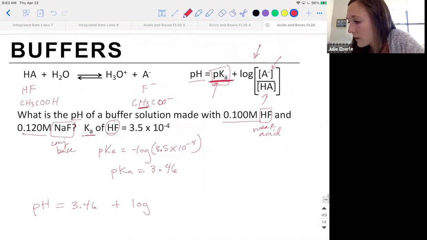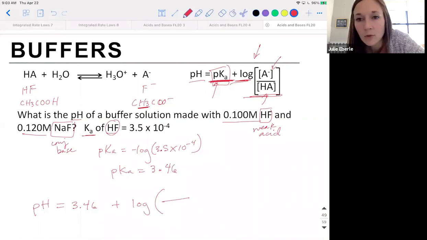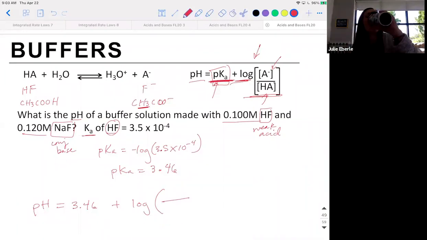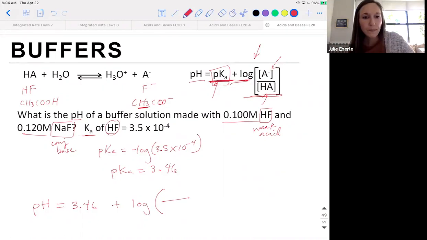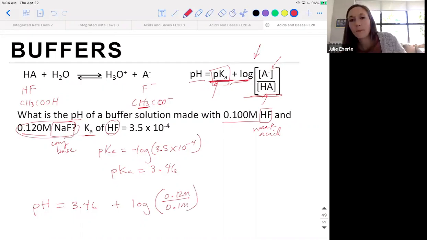I'm just literally following this equation step by step. pKa plus the log of which number do I put on top? Which one do I put on bottom? Yeah, I put my conjugate base on top. That's NaF. So 0.12 molar goes on top, 0.1 molar goes on bottom.